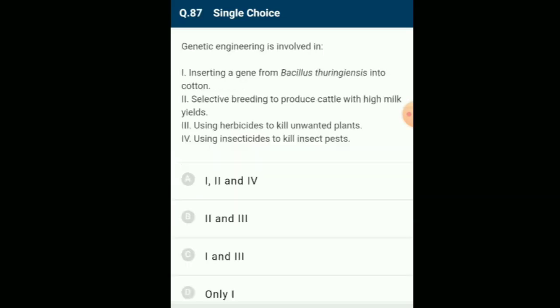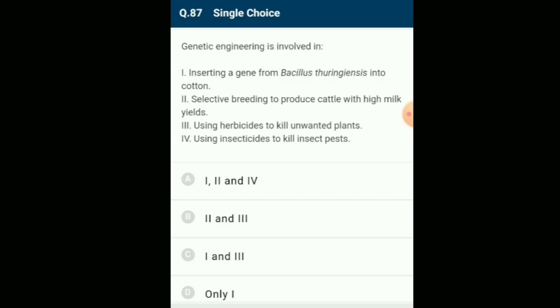Question number 87. Genetic engineering is a technique to alter the chemistry of genetic material, either DNA or RNA, to introduce these into a host organism and thus change the phenotype of the host organism. Statement 1 is the only one where the gene is manipulated artificially to get the desired effect.